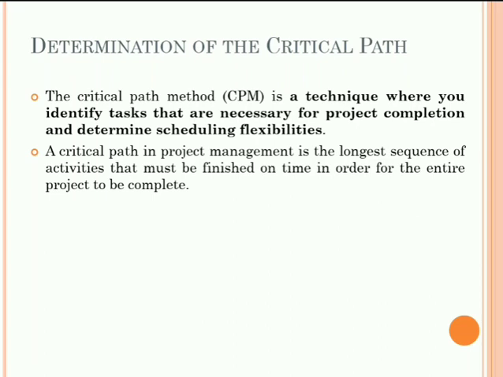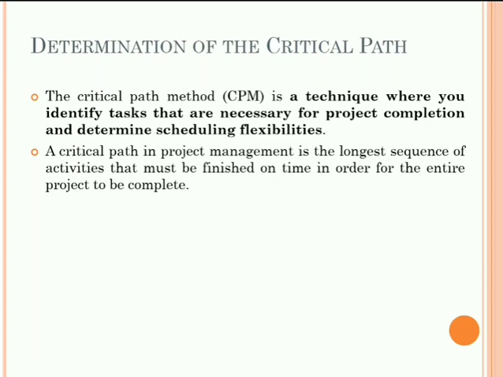Alternatively, you can try using the forward pass and backward pass techniques also. Forward pass is used to calculate early start and early finish. In the forward pass, we calculate early start and early finish dates using the previously calculated dates. ES is the early start, and EF is the early finish.